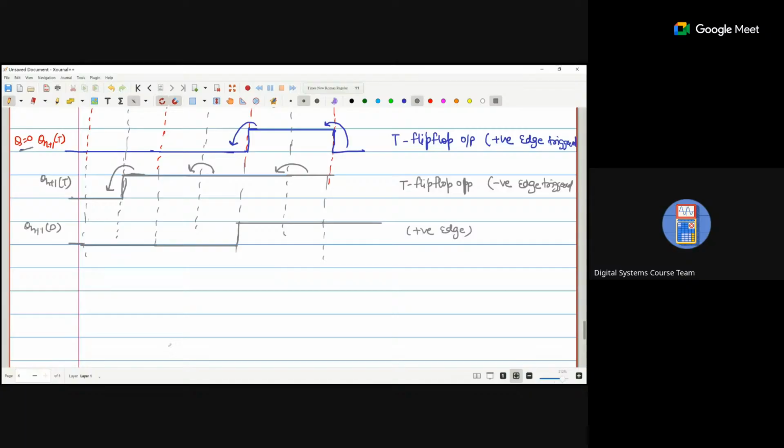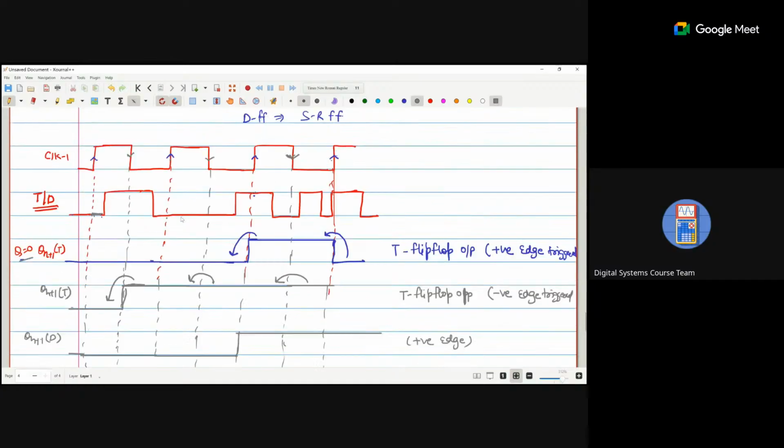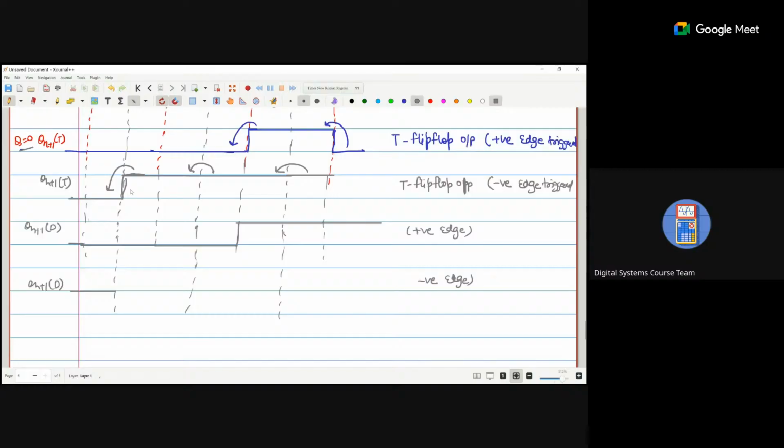Okay. And for Qn plus 1 with D, we are taking the negative edge. These are the negative edges. Initially it is 0. Now at the negative edge, our input is 1, so the output is 1 till here.